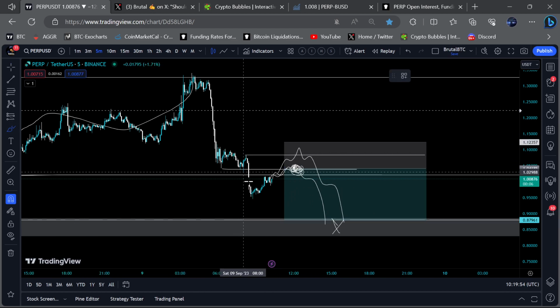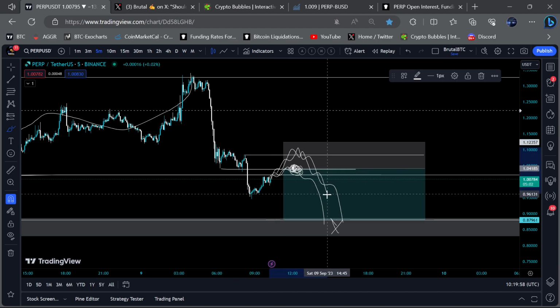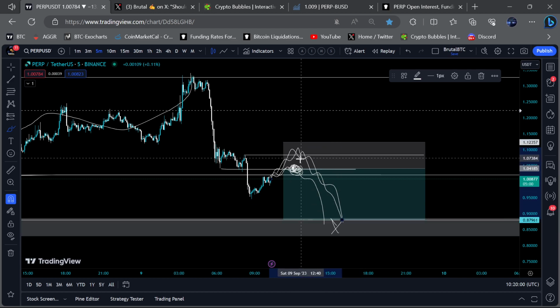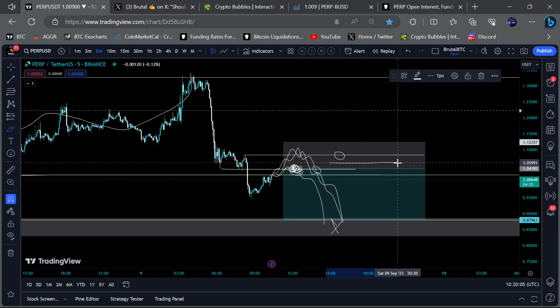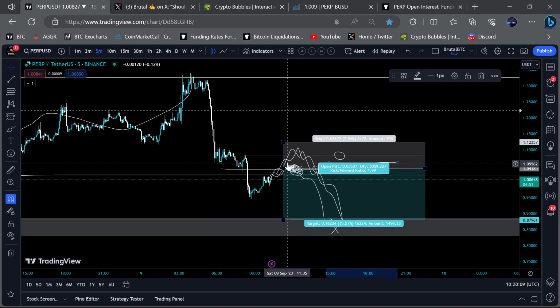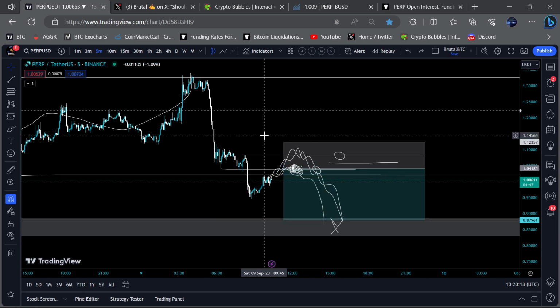In the second case, if the coin does something like this and goes straight back to the downside, your entry 1 filled over here, entry 2 filled over here, you will have something like average entry over here, right? Now that will be almost like 17% rewards. So this is how you guys have to basically take your lower time frame scalpings, and you guys have to manage your risk to reward.